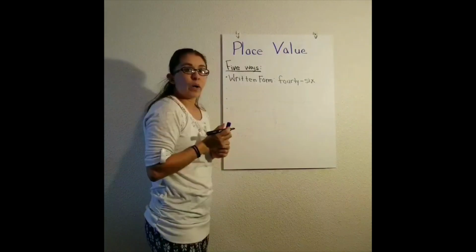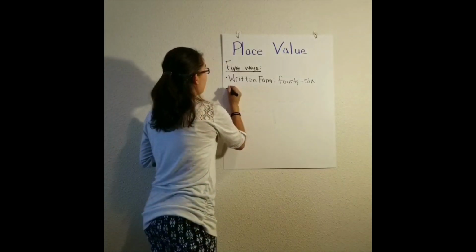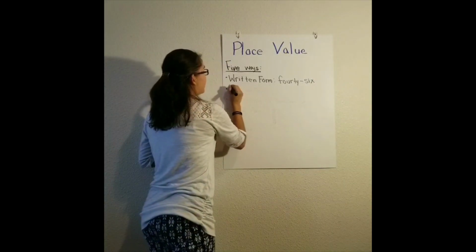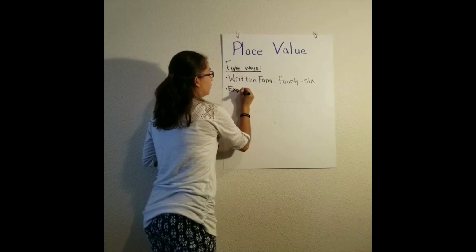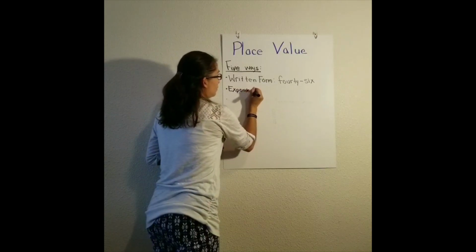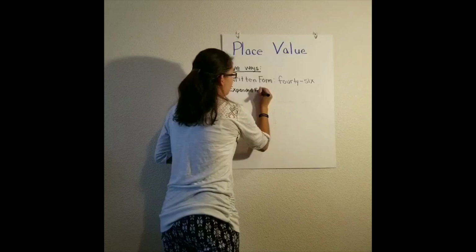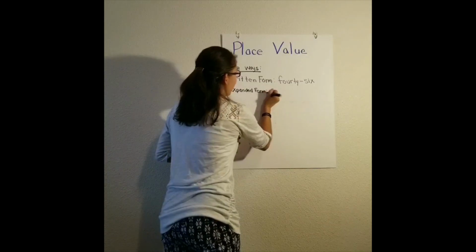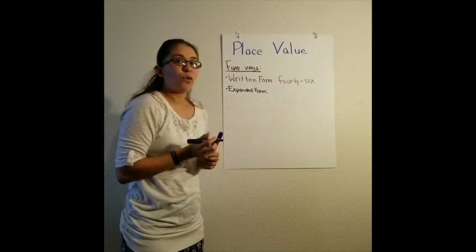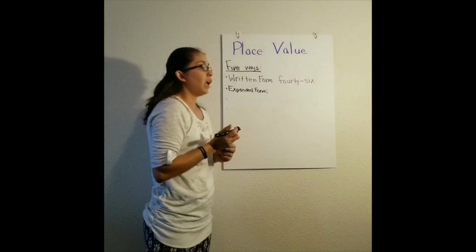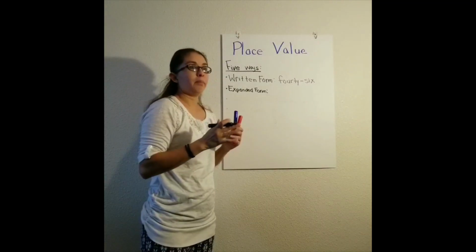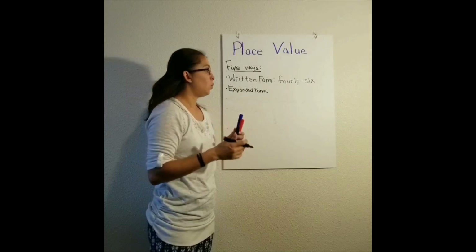The second way we can write place value is in expanded form. Now, expanded form is where you're getting the numbers and you're separating it each by hundreds, tens, and ones.